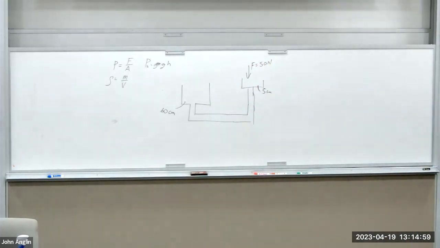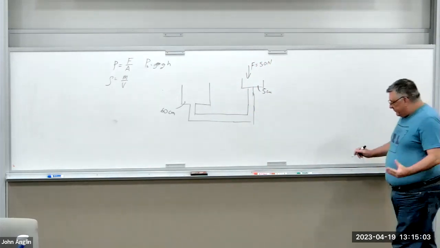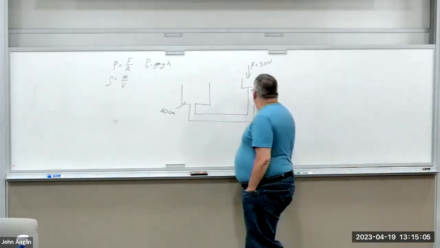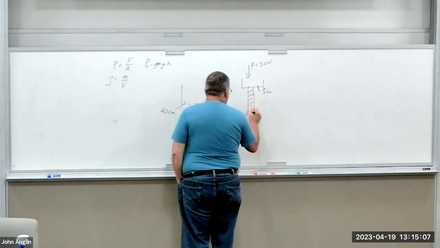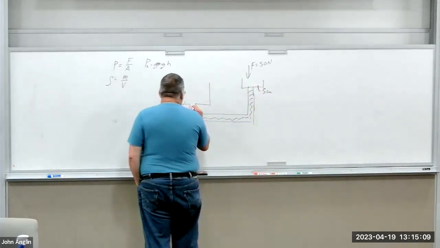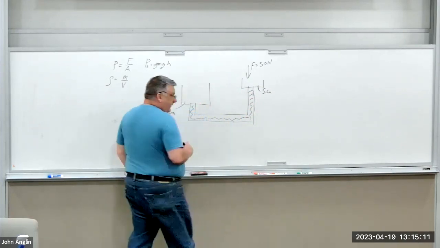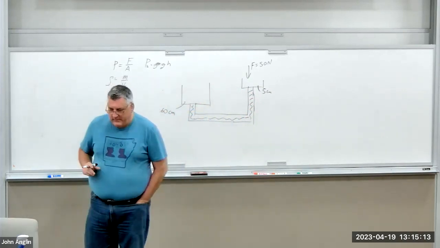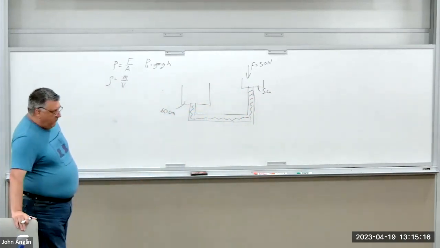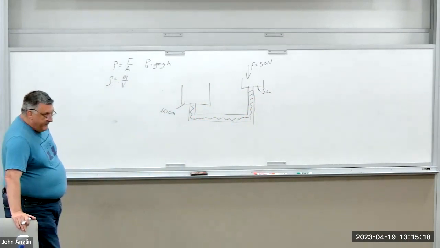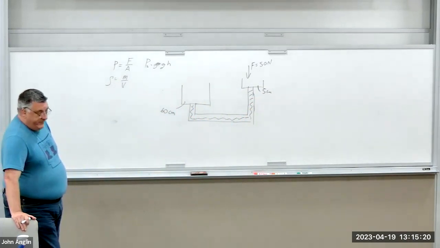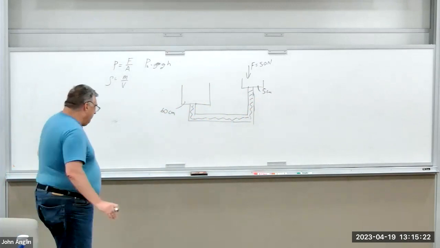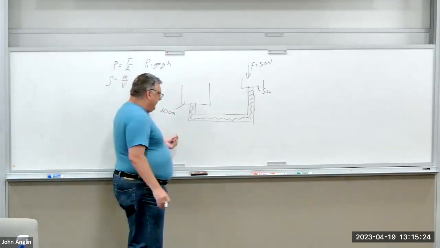Obviously, this whole cylinder here is full of some kind of fluid. Might be hydraulic fluid, might be water, might be air, might be nitrogen, who knows? But it's some sort of fluid and it's contained.